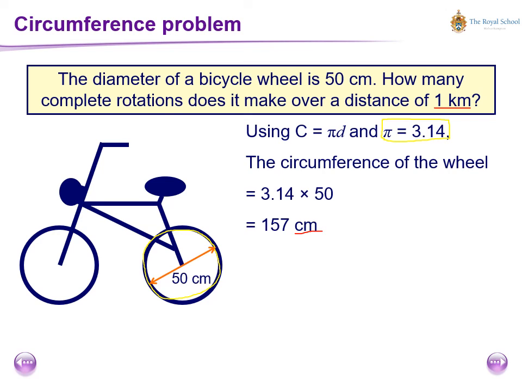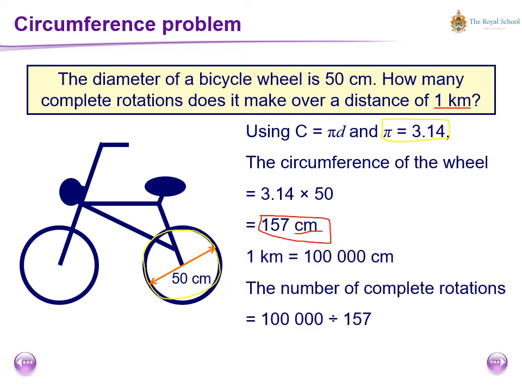So we want to know how many of these 157s make 100,000. How many of one thing goes into another is a division. So we're going to do 100,000 divided by 157. And that's going to tell us, rounded, of course, down here because we want complete rotations.